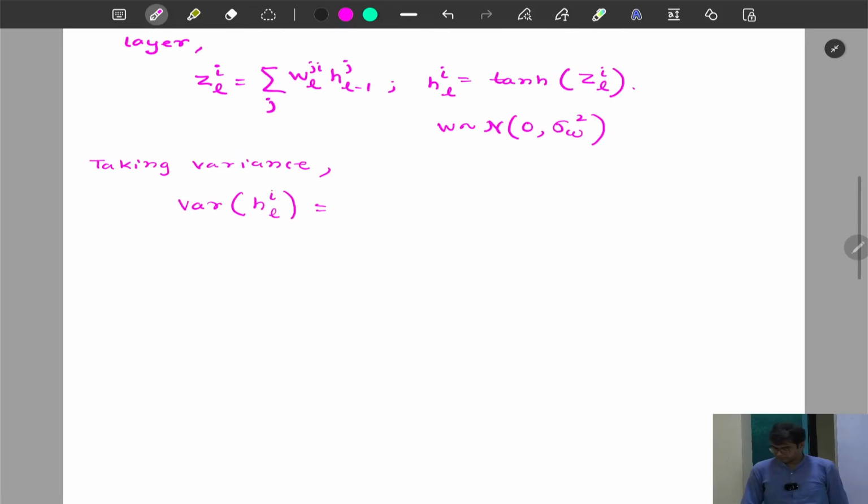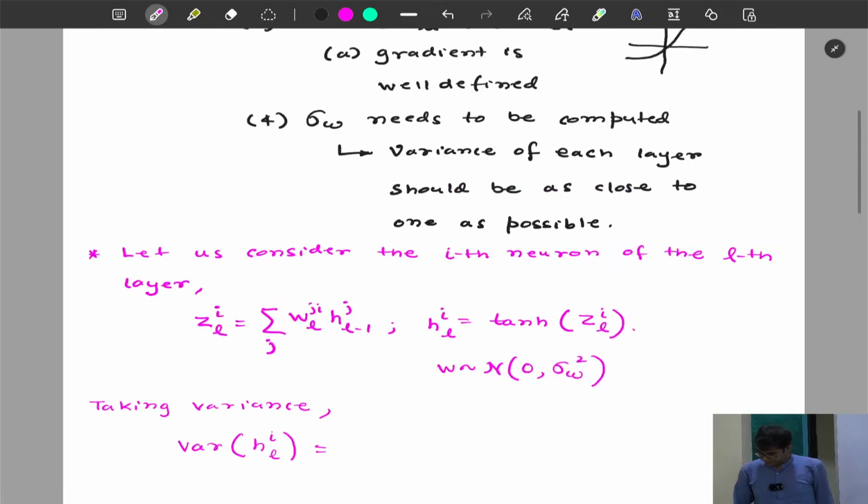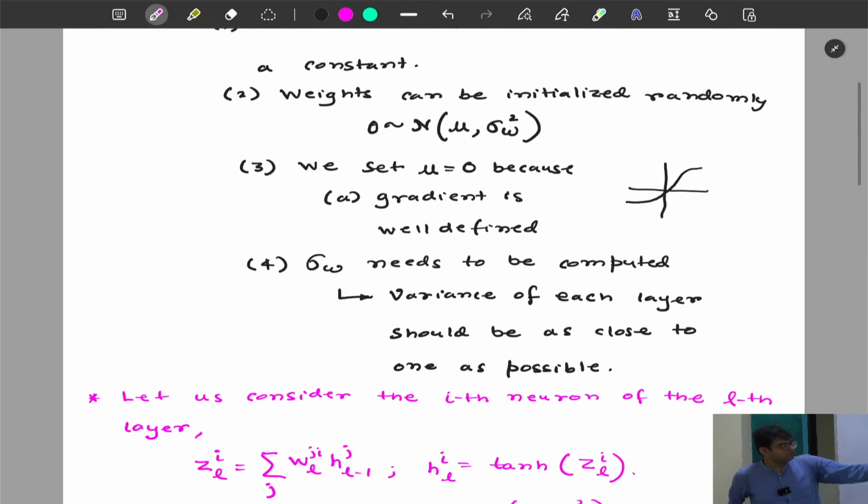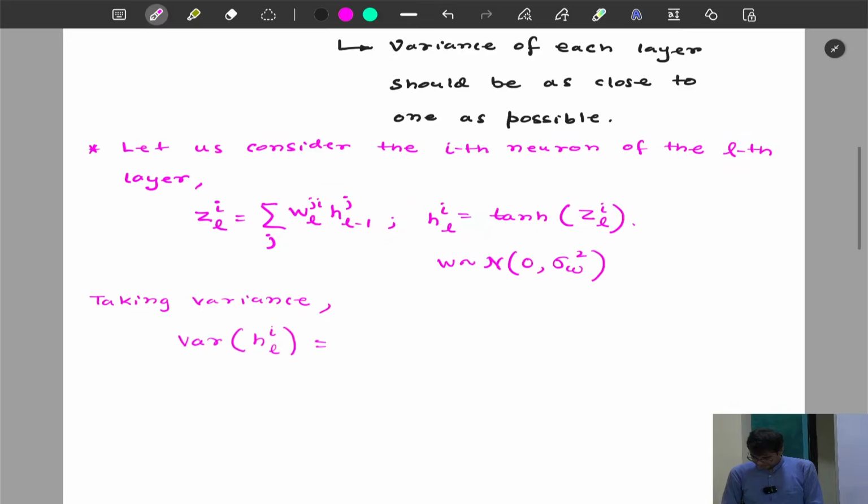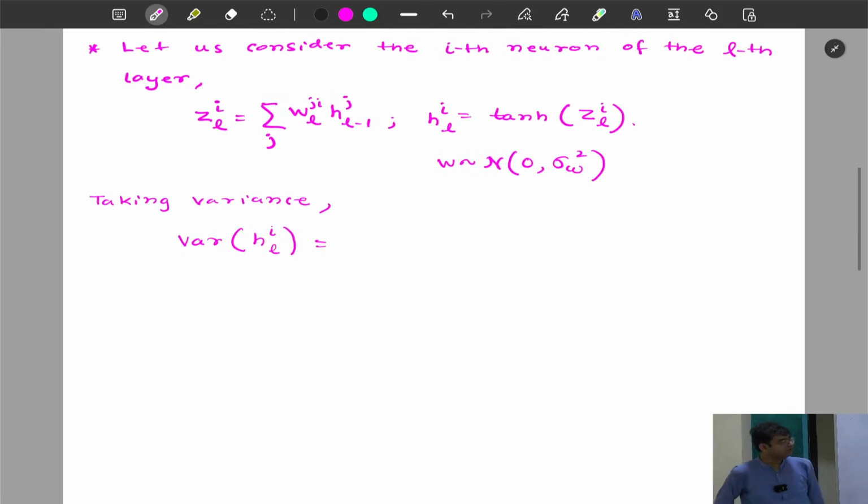now tan H we are talking about, where W, what is the mean of W? 0. And if you look at this plot of tan hyperbolic, we would like to be in the linear zone. If you are in the linear zone with 0 as my mean, I can use a first order approximation.